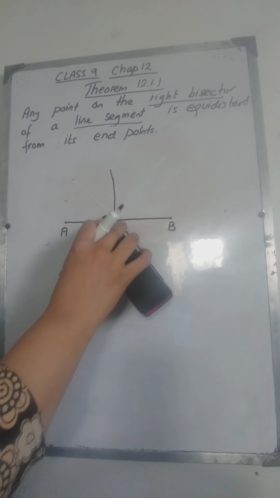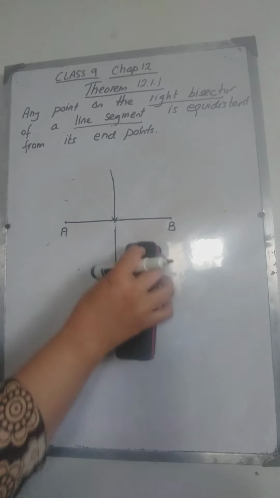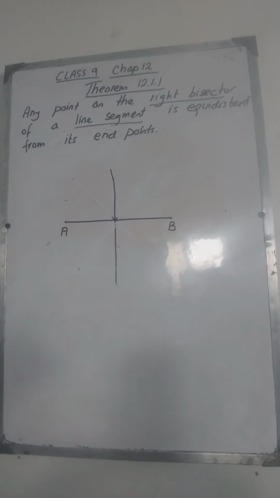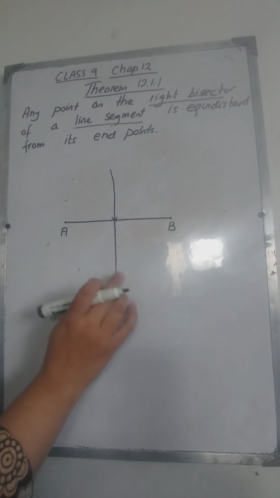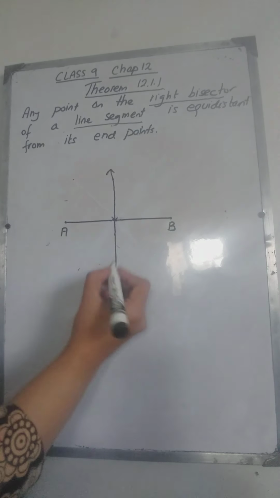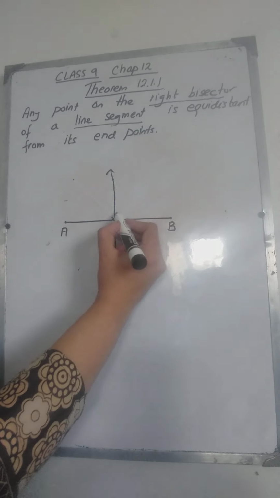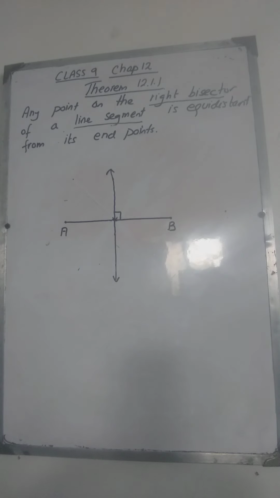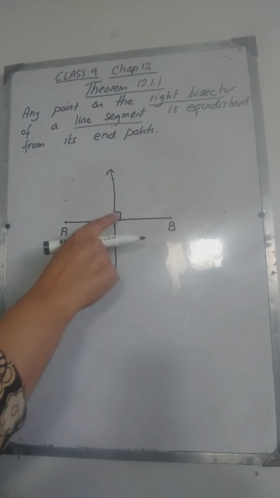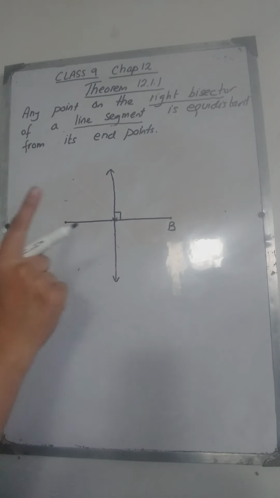Any line which bisects AB, meaning it cuts AB into two equal halves, will be called the right bisector if it makes an angle of 90 degrees with AB. There are many bisectors of the line segment AB, but the one making 90 degrees with AB is the right bisector.